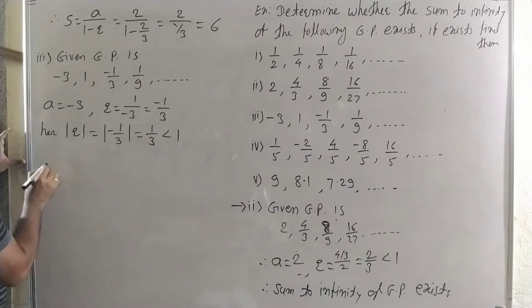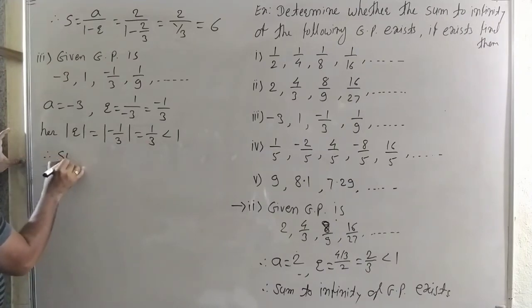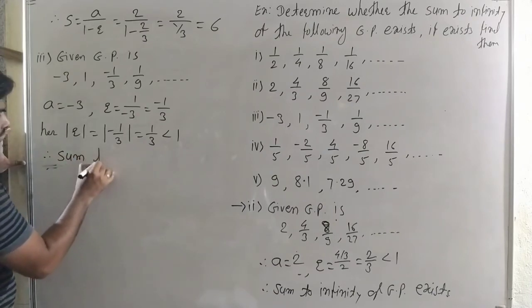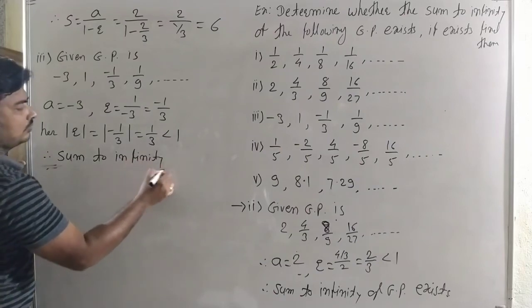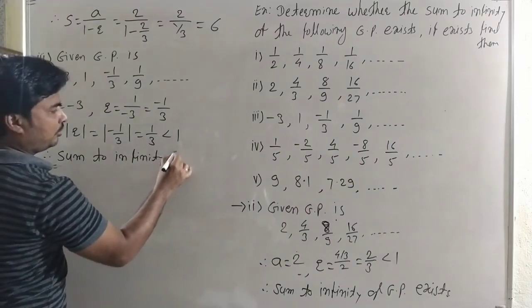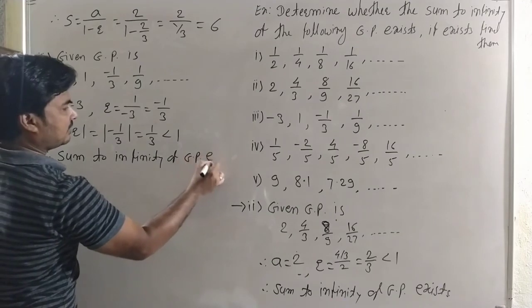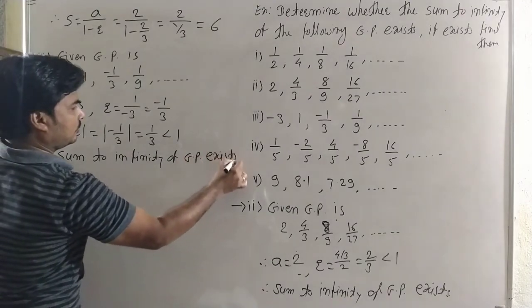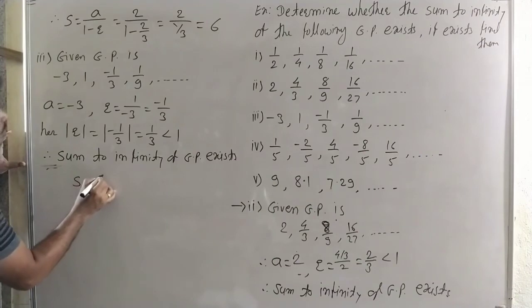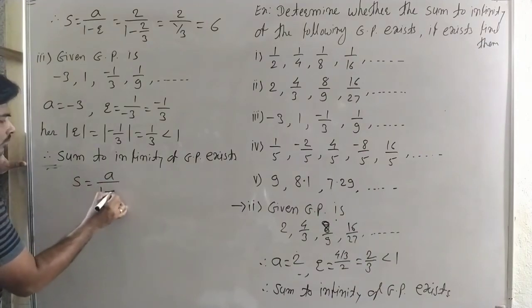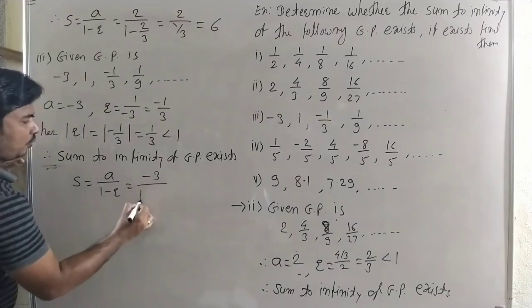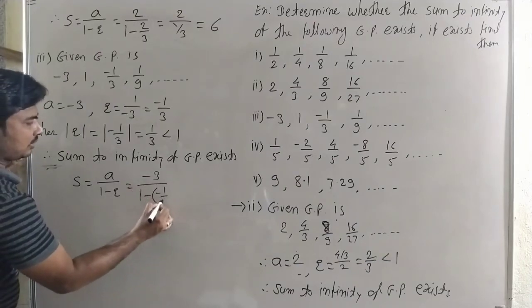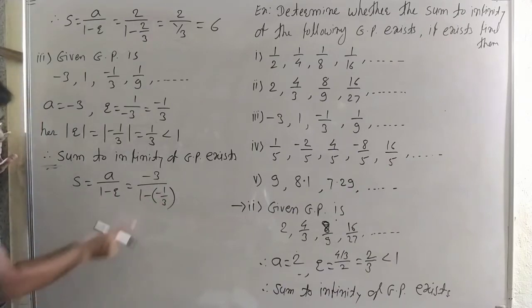Therefore the sum to infinity of the geometric progression exists. And so S is equal to A upon 1 minus R, that is -3 upon 1 minus (-1/3). See carefully this.